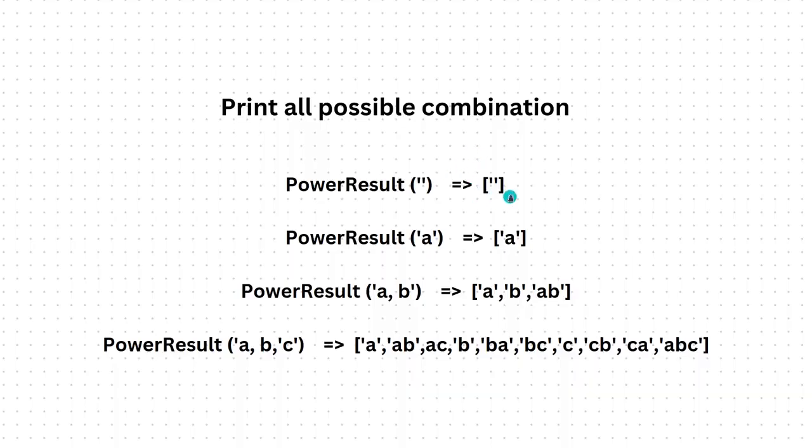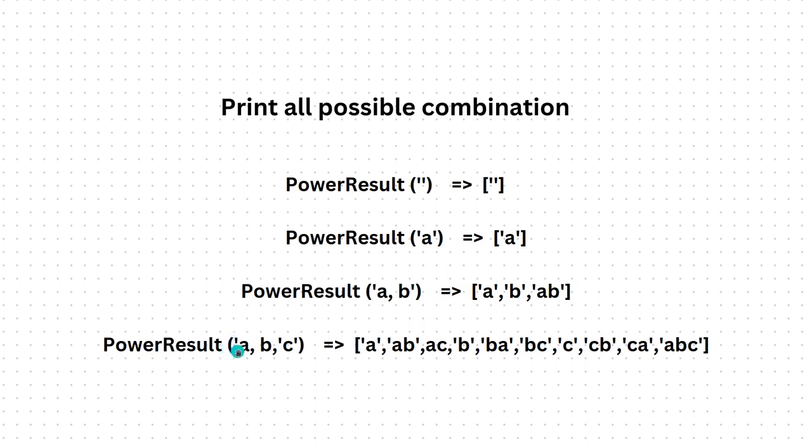So guys, if we look at the example I have here, this function is going to print out all possible combinations. If there is no input, it's going to print out nothing. If there is a single input, it's going to print out that single input. If we pass in 2 inputs, it's going to print out all possible combinations of that input, and we can see we have A, we have B, and we have AB.